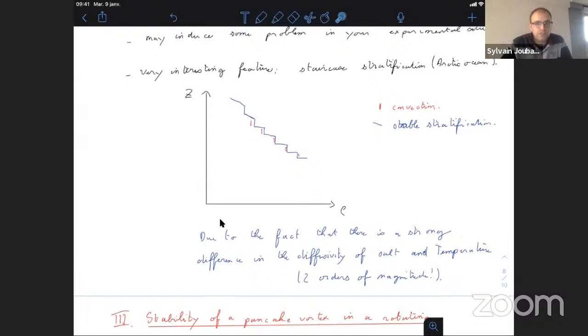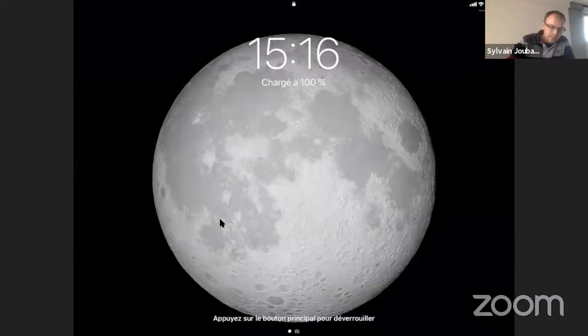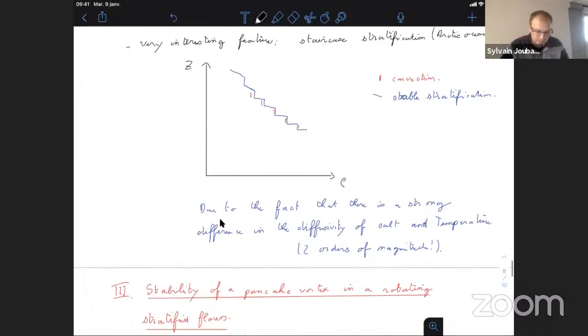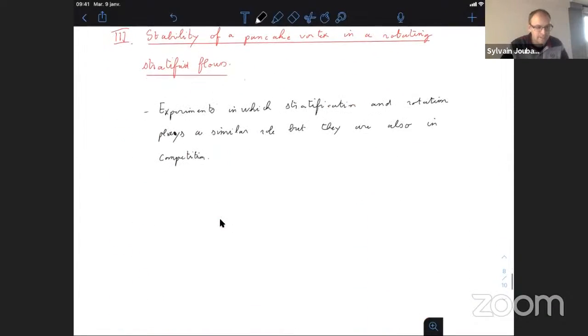There has been work in numerical simulations. I know that there's some work by Detlef Lohse. Some work in China, I don't remember the name. In experiments, there's something very interesting to study. It's not easy to implement and control in experiments, so that's something that still has to be performed.